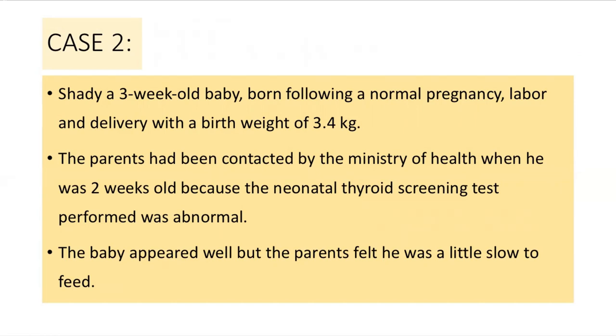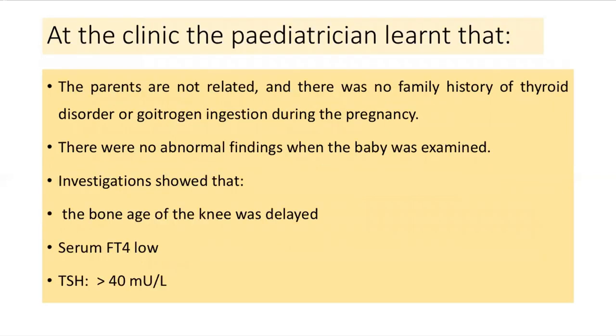The baby appeared well, but the parents felt he was a little slow to feed. at the clinic الأهل خدوا الطفل وراحوا بيه العيادة بالتحليل. فالبيدياتريشن لقى إيه the parents are not related مش قرايب and there was no family history of thyroid disorders or goitrogenic ingestion during pregnancy. الأم ما أخدتش أي أدوية ولا في family history لthyroid disorder.